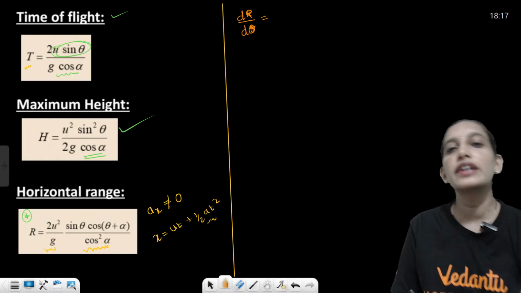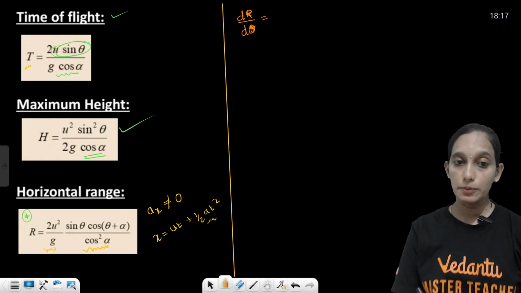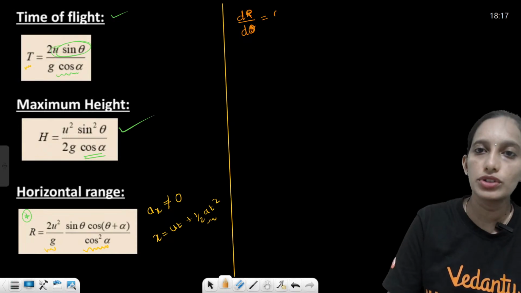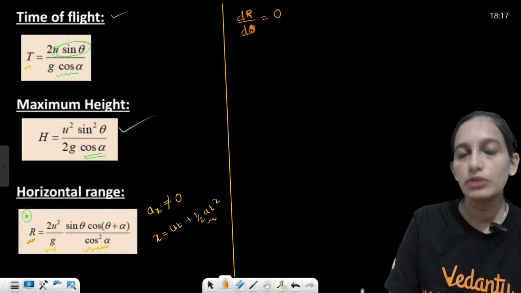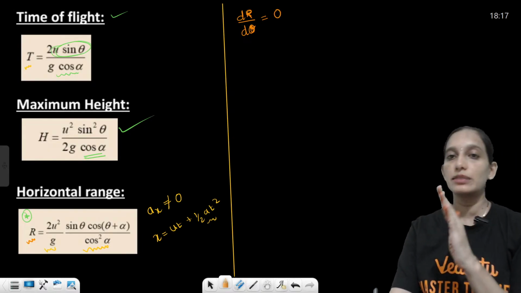Okay, so differentiate the range equation with respect to theta and equate it to 0. What you should do, dr by d theta is equals to 0. This is one method to find the maximum of any function.